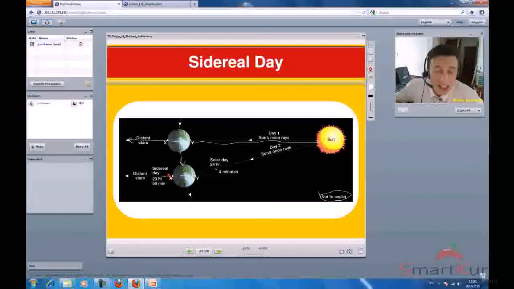But notice, after one day, the Earth has moved a little bit in its revolution, in its path around the sun. So notice now, if X and Y are going to point at the same star, they're going to point in the same direction, the Earth has not quite moved around an entire 360 degrees with respect to our sun.